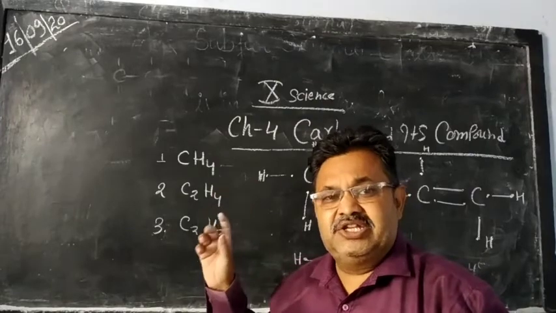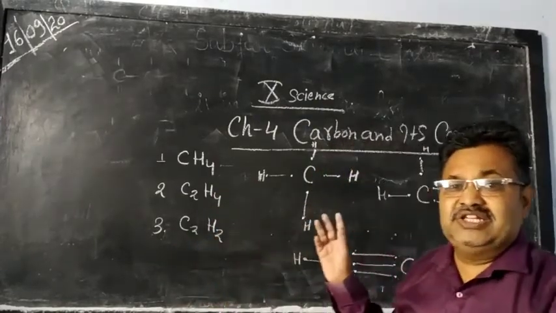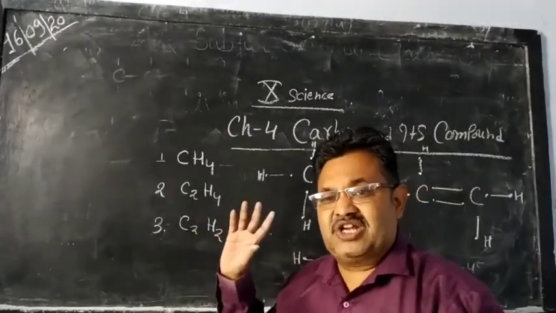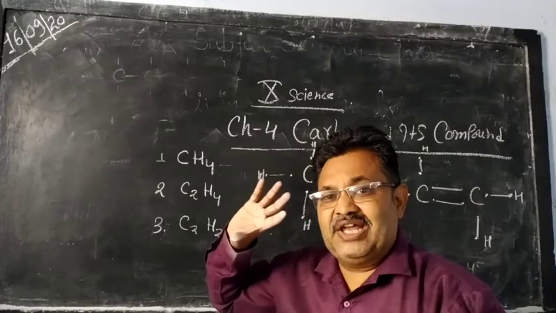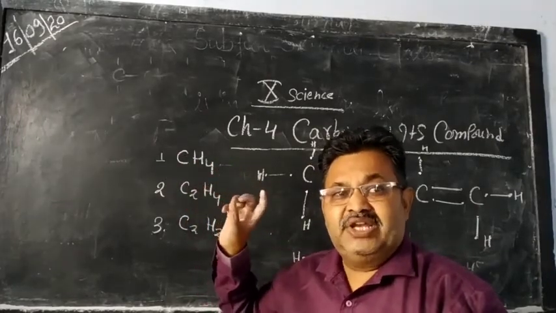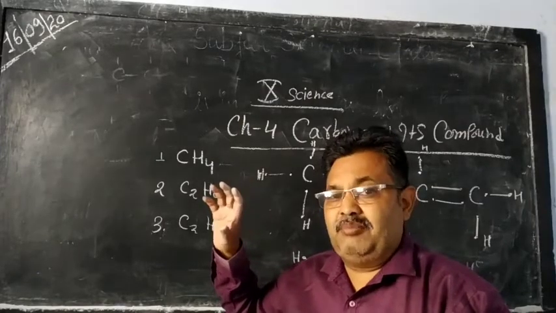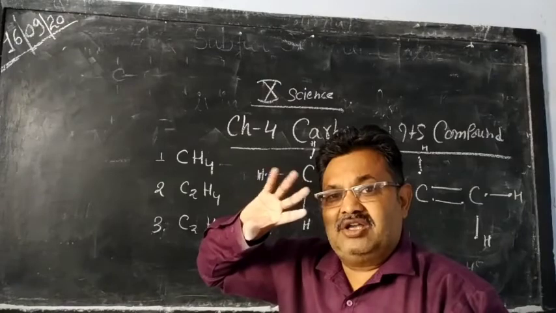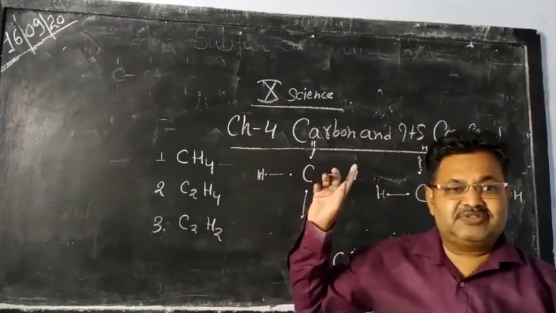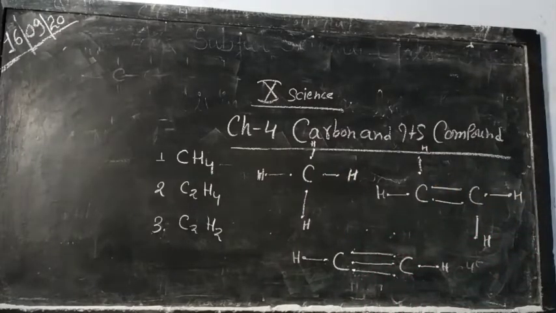That's why it is used as a lubricant. Now the third one is Buckminster or fullerene. Its structure is just like a soccer ball or football. So it has 60 or more atoms combined in the form of a soccer ball or football. So it is known as fullerene. So these are the allotropes of carbon.